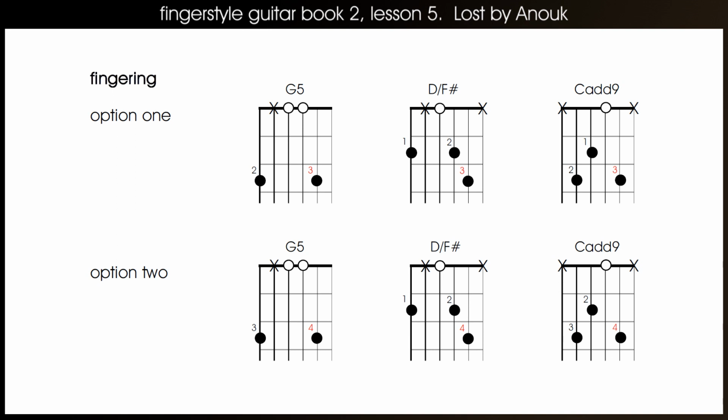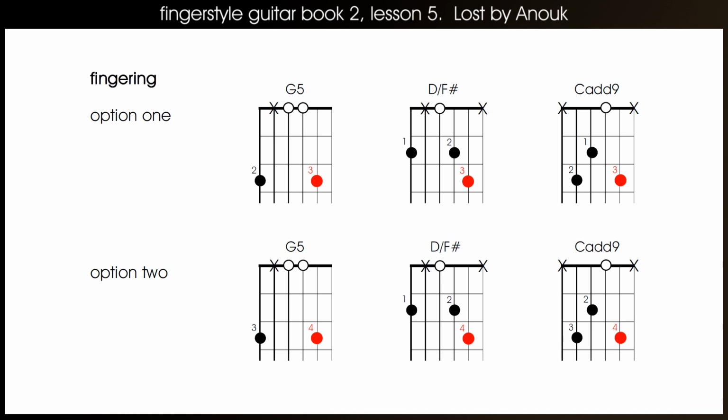Now, there's 2 ways of fingering these chords, and it really revolves round the 3rd fret on the B string, which you can either play with the 3rd finger or the 4th finger. Now, the reason the chord changes revolve around the 3rd fret on the B string is that that note, which is a D, is a drone.